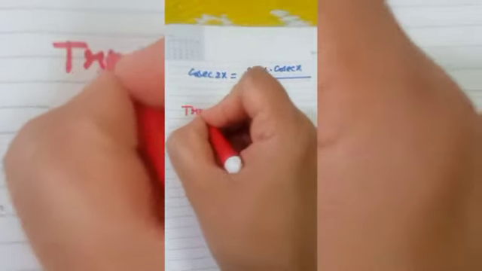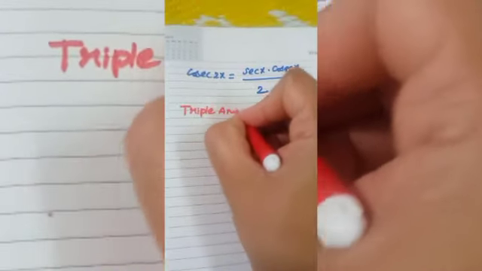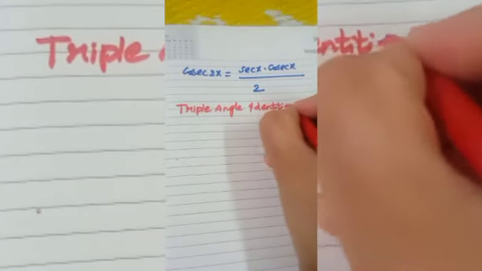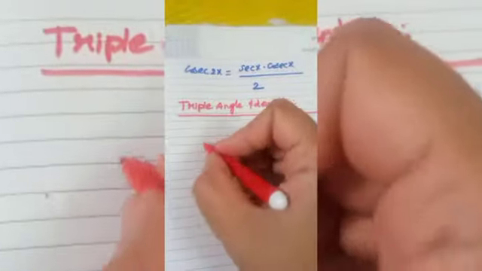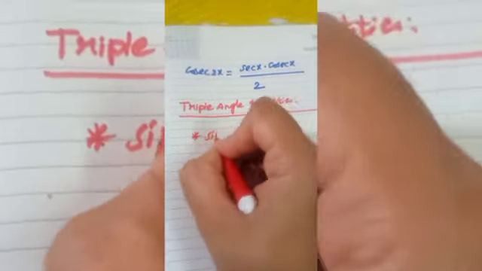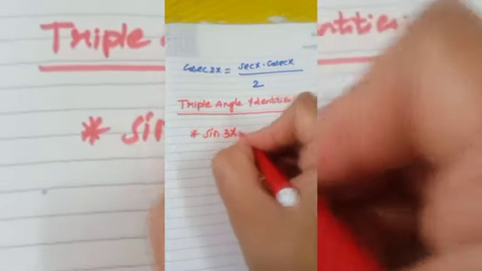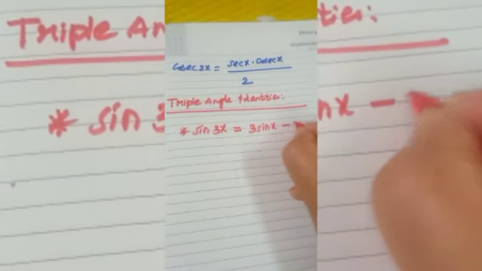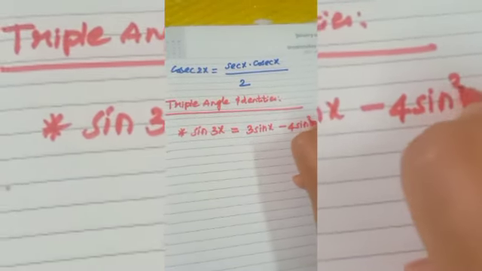Next, we are going to focus on triple angle identities. Here we are focusing on three trigonometric functions: sine, cos and tan. Sine 3x is equal to 3 sine x minus 4 sine cube x.